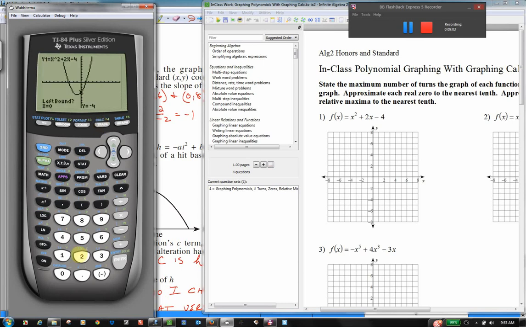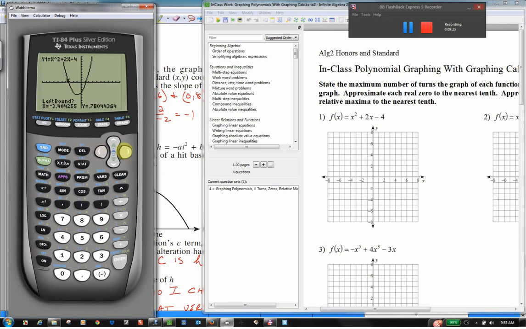Now, before we do anything, look what it's saying. It says left bound. What that means is you are going to move your cursor to the left of whatever zero you want. So as you can see, as I move my cursor around, it's way to the left now. The zero is right crossing the axis right there, and I can move my cursor around.